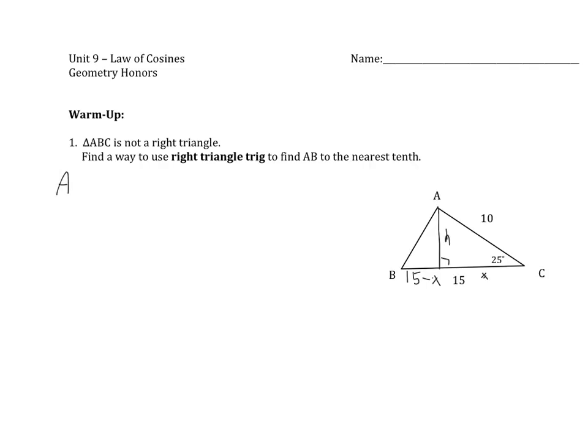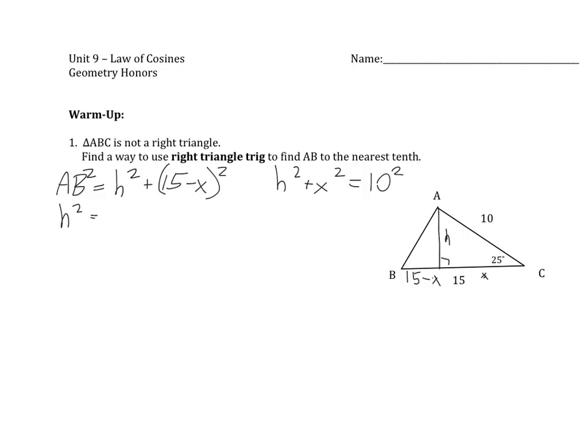So we're going to have AB squared equals H squared plus (15 minus X) quantity squared, and we're going to have H squared plus X squared equal 10 squared. The convenient thing about doing it this way is that we could solve for the H squareds.